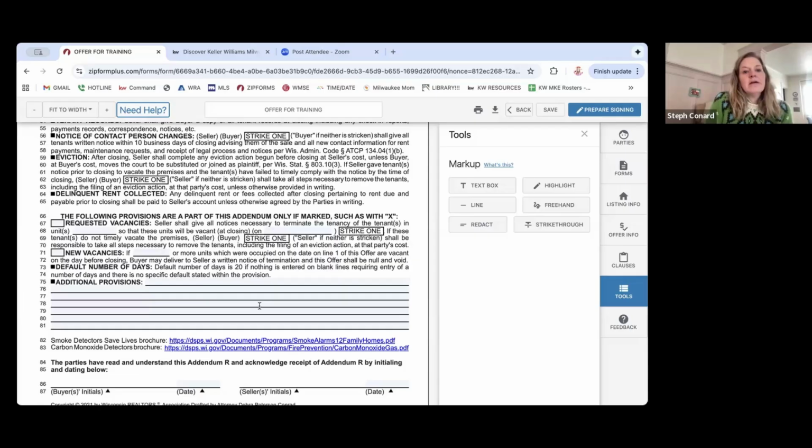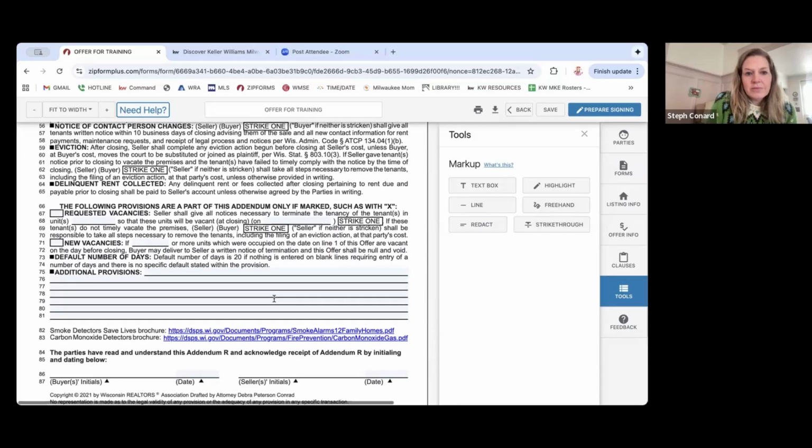Though I will say, a lot of times I'll see in our offers where a buyer would want to make sure, and generally sellers are doing this, but can you please make sure it's known that ownership is changing? And asking the seller to make sure that they're at least advising their tenants of the potential ownership change.